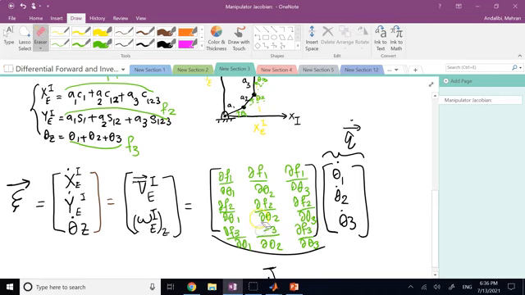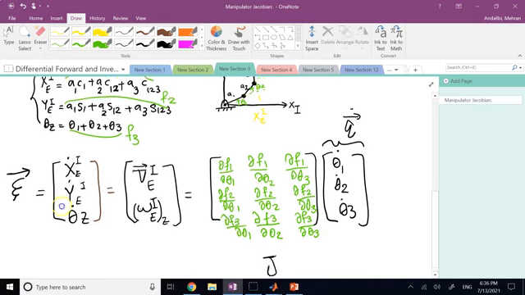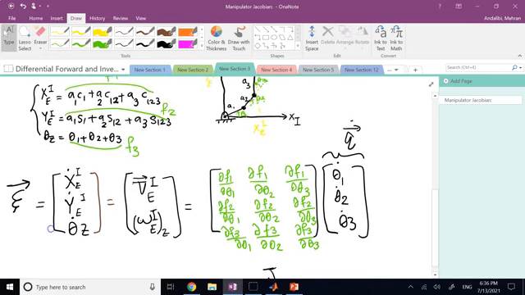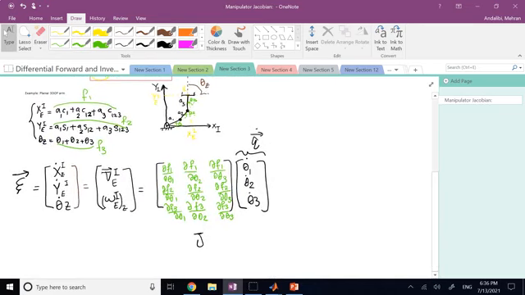Right, so once you do that, you're ready to just calculate those derivatives. So what is J gonna be? Based on those definitions, take the partial of F1 with respect to theta 1. Theta 1 is in all of the terms.